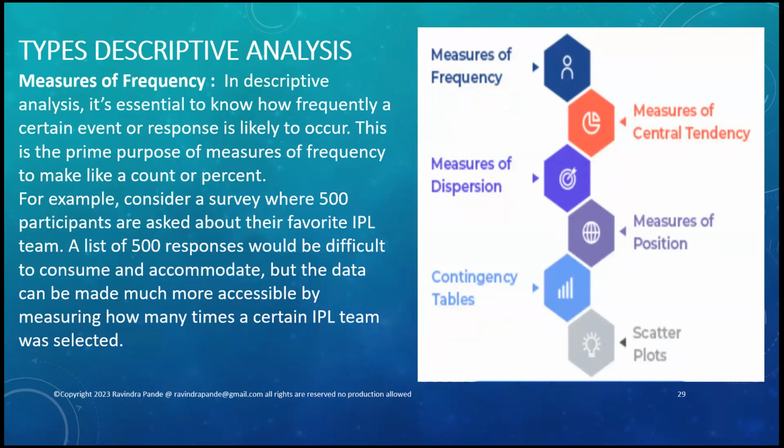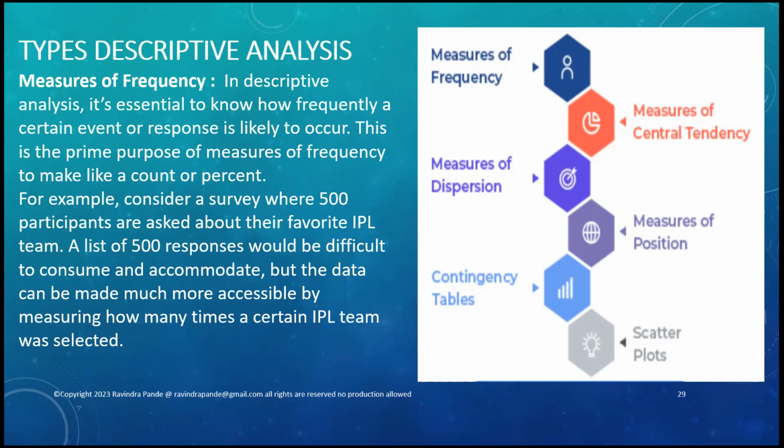And this way, we can talk about measures of frequency, measures of central tendency. We'll come to this in a couple of minutes. These are the different types of analytical thought processes or tools we use to analyze that data: measures of dispersion, measures of position, contingency tables, and scatter plots. Scatter plots are also a type of graph we can use as well.